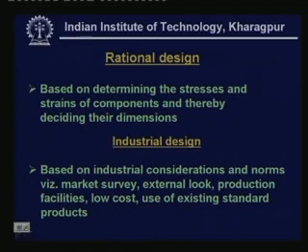This we have already discussed earlier in some other form: while designing, a market survey tells what is in people's minds, what external look people want more, and what production facilities will make my product cheaper.